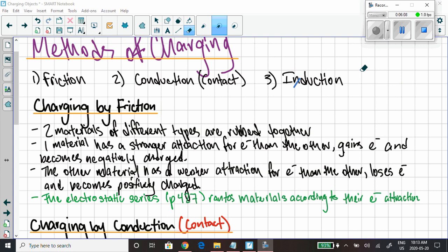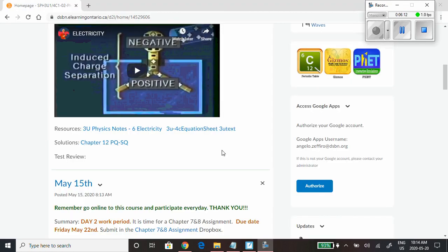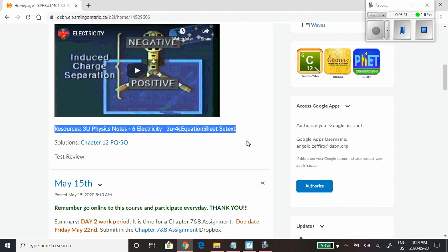So why don't we investigate that a little bit? Now, I know you all know this, but in the resources that's posted every day, there's a link there to the 3U textbook. So that's what you're going to need. Most of you probably have already downloaded this link, so it's permanently on your computer, or maybe you brought the textbook home, what have you, but the link is there.